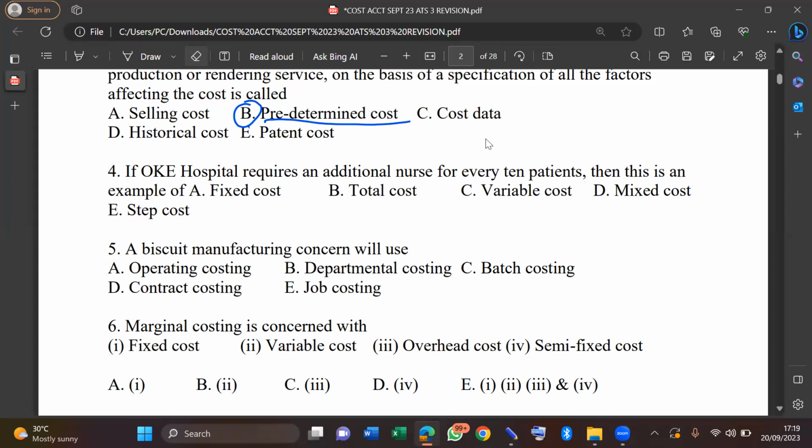Do we get that? Let's go back to the question. Hospital requires additional nurse. When a school is admitting students in the accounting department, it is only 1,000 students that they are admitting. If the next year they say they want additional students in accounting and no longer 1,000, what does that mean?